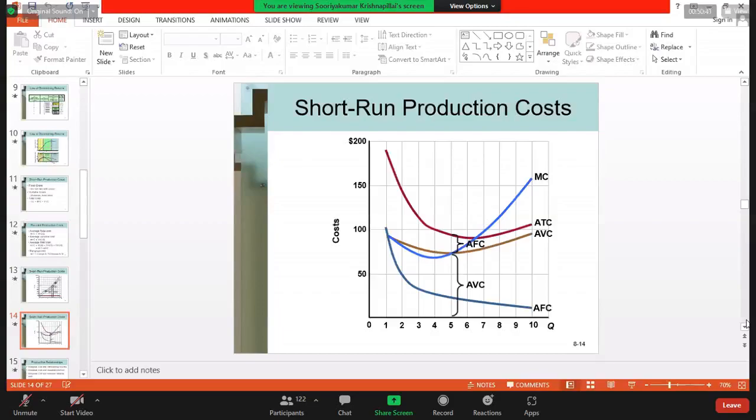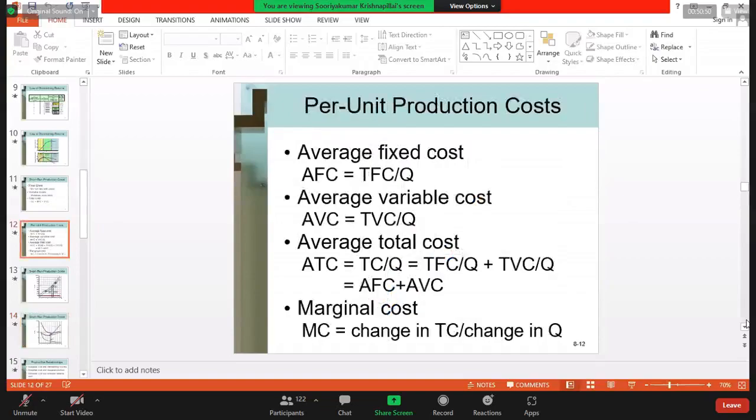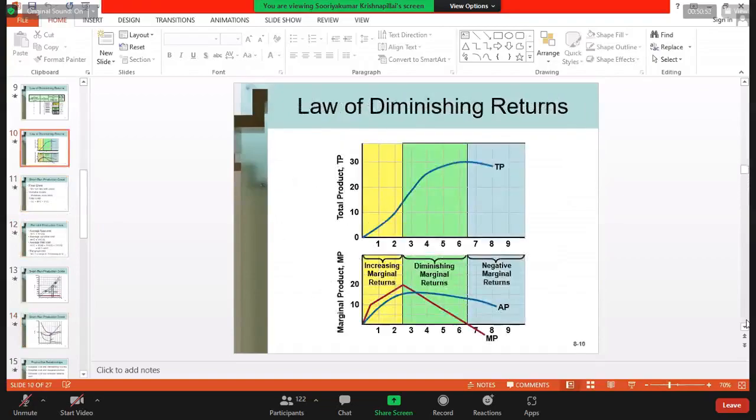You can see here marginal product increases, then reaches the maximum, then decreases.